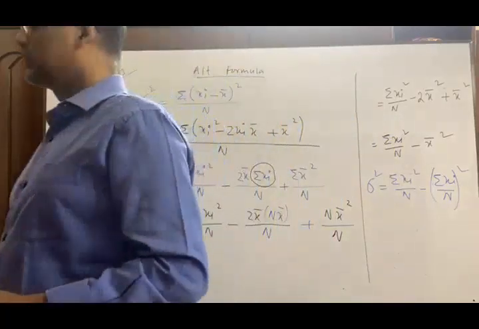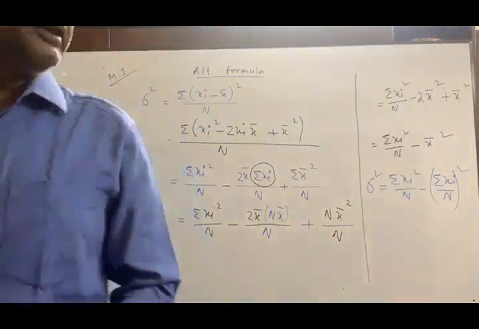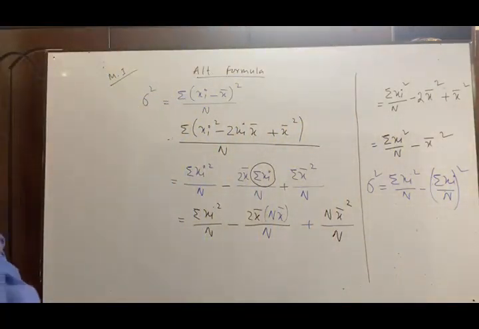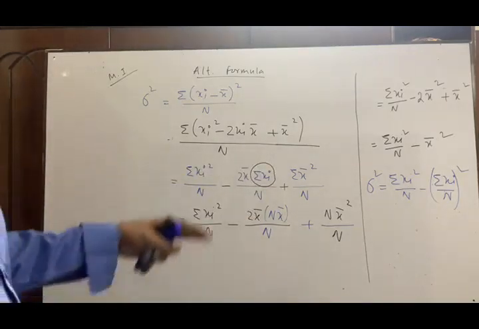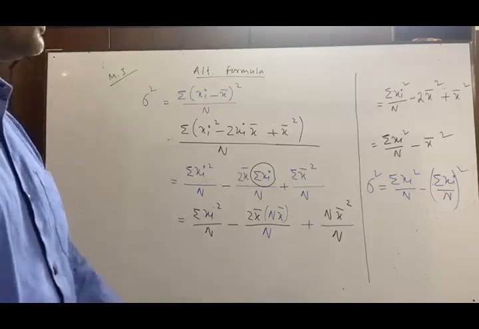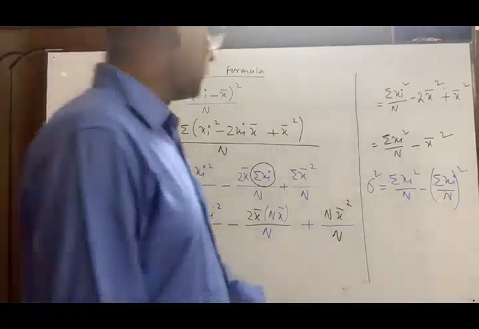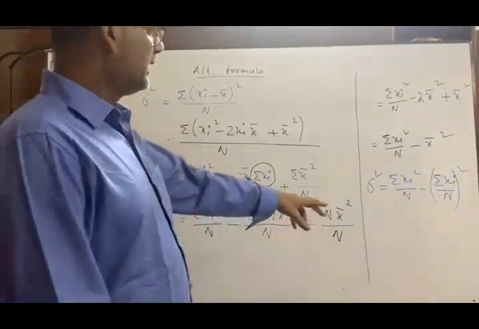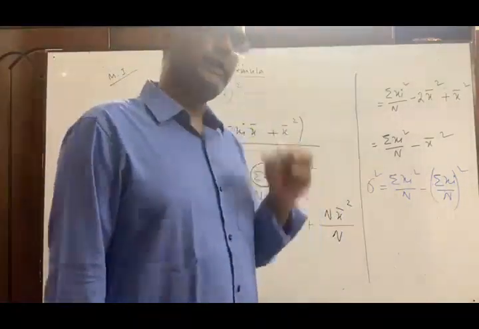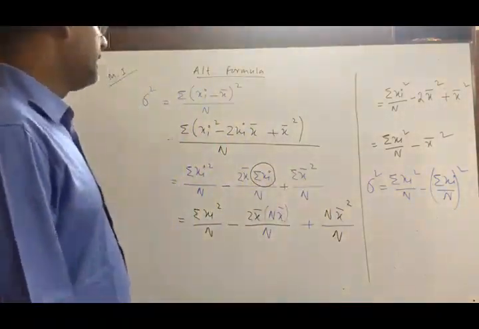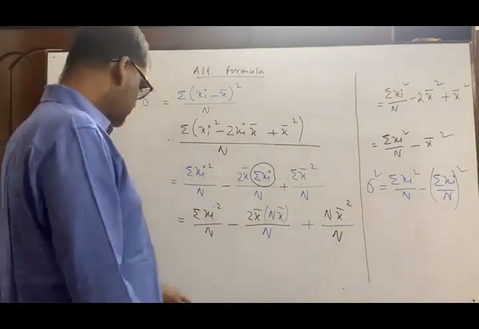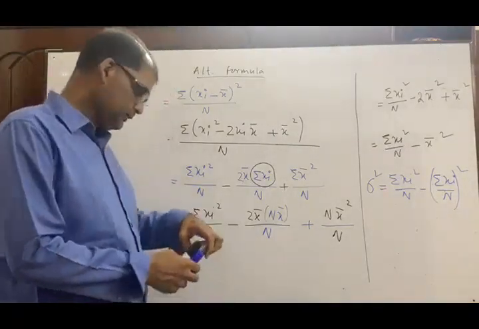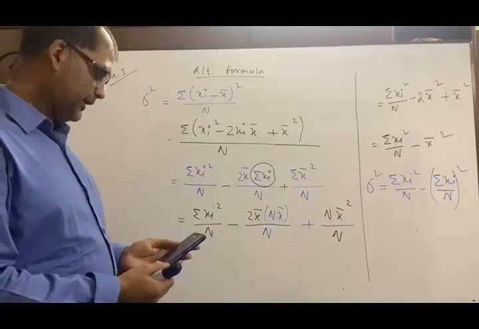This is the alternative formula of standard deviation, that is so-called variance. It is the variance. Now to determine standard deviation, I have to get just the square root, nothing else. The most important part of this exercise. This formula is vastly used. If you don't understand, please let me know. I can make you understand again.